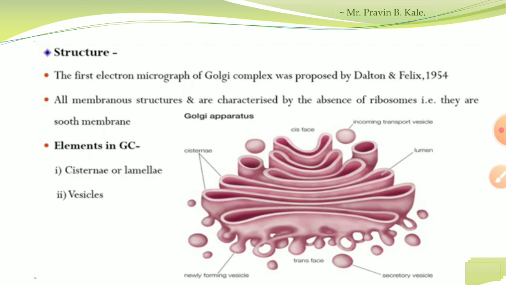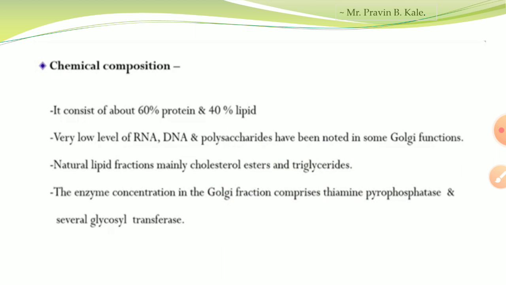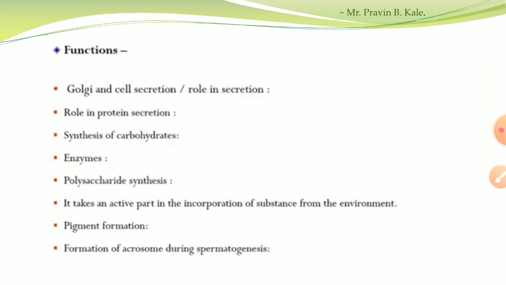The Golgi complex was first discovered by Golgi in 1898. The Golgi apparatus is a system of roughly parallel interconnecting flattened sacs situated close to the endoplasmic reticulum but physiologically separate from it. It helps in cell secretion, protein secretion, synthesis of carbohydrates and pigment formation.